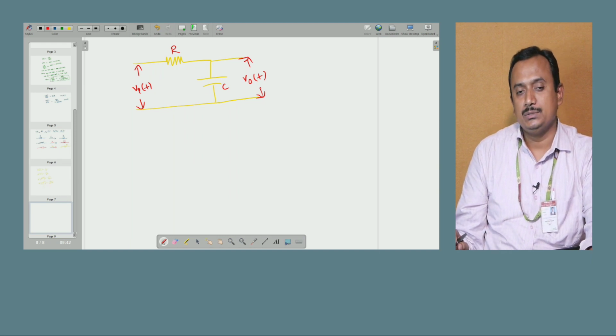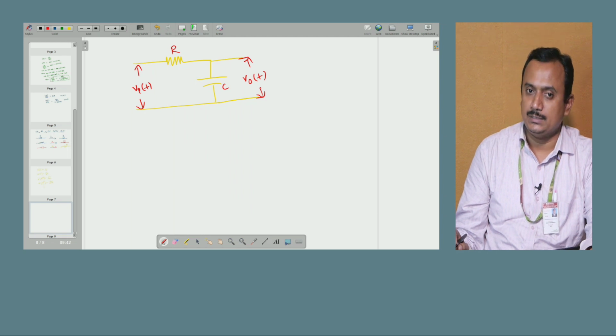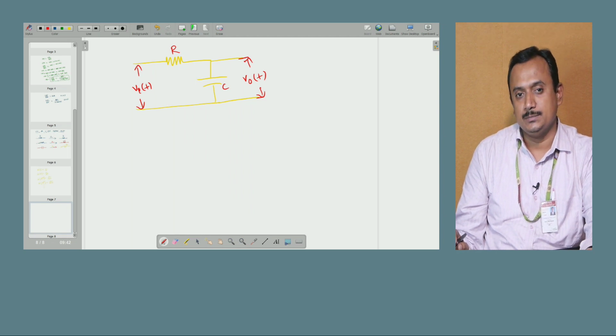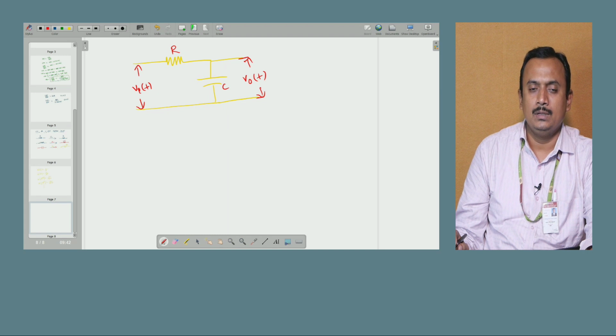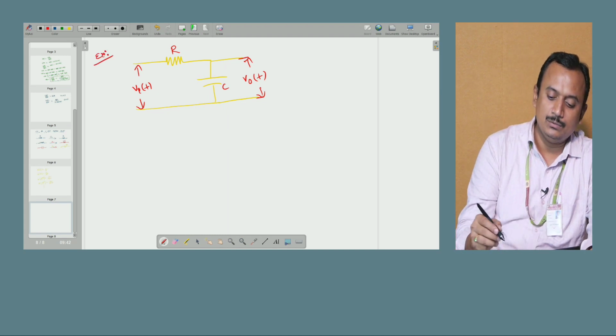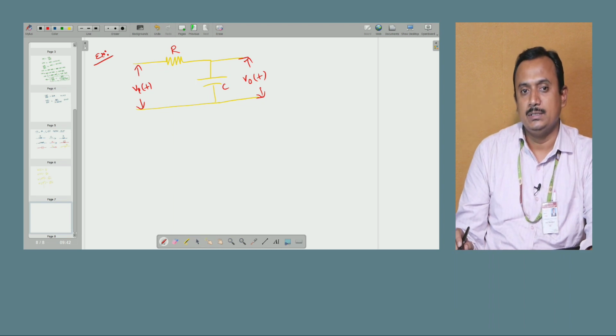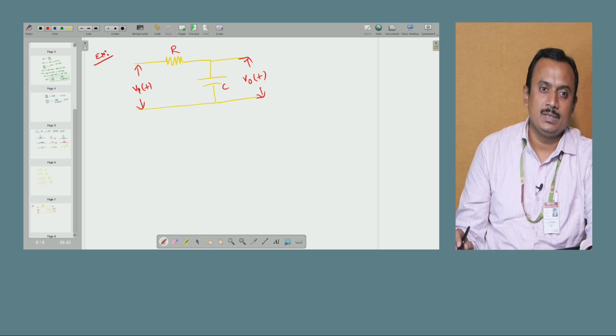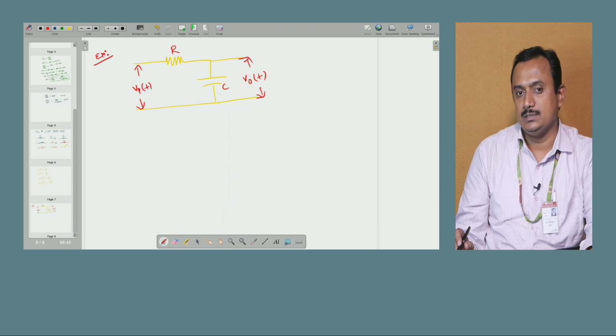If there are 3 energy storage elements present in that given electrical circuit, then the order of that system is 3. Now for this example, we can see only one energy storage element, that is the capacitor. That is the reason this RC series circuit comes under a first order circuit.